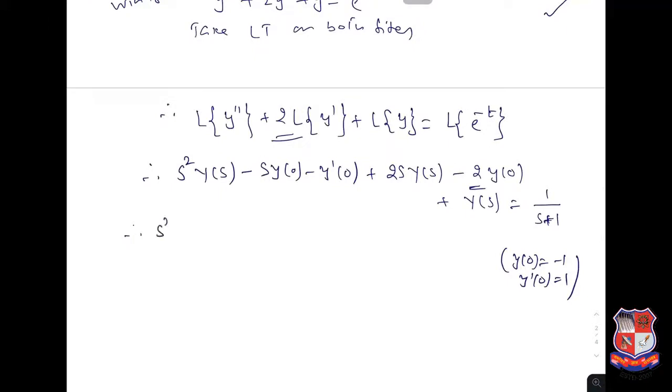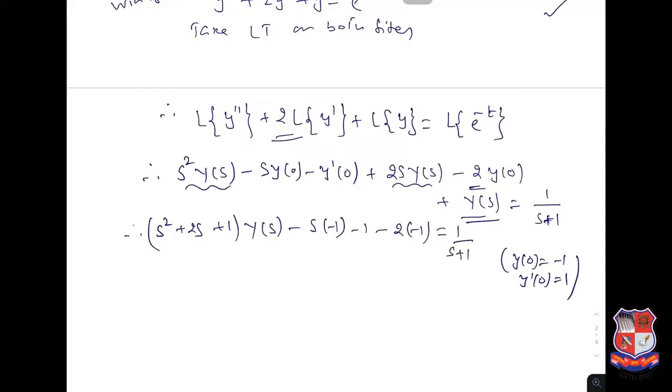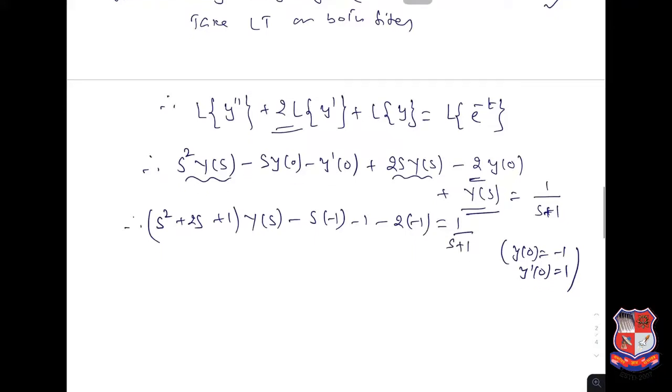So, this is s square, and take this Ys out common, then plus 2s plus 1, Ys, minus s. Now, y at 0 is minus 1, y dash 0 is 1, then minus 2, y at 0 is minus 1, and is equal to 1 over s plus 1.